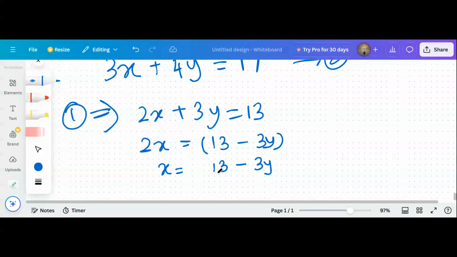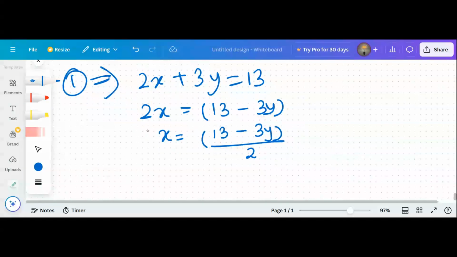So x is equal to 13 minus 3y divided by 2. We are bringing this 2 to the right side, so we are going to divide it. Here it is getting multiplied, so on the other side it gets divided. Simple. Now you know x is equal to 13 minus 3y divided by 2.